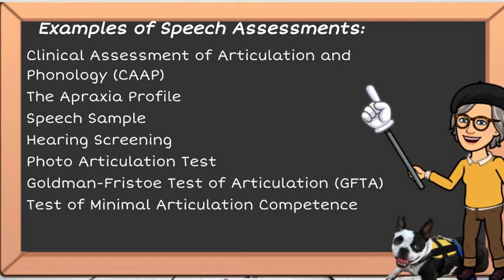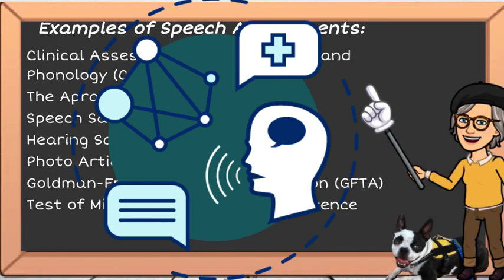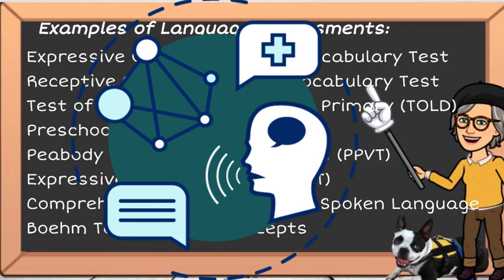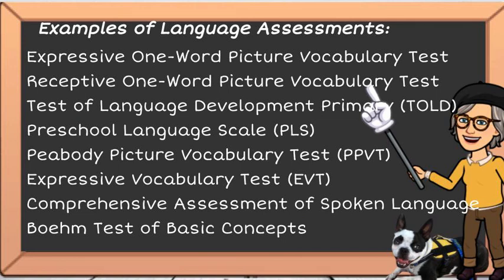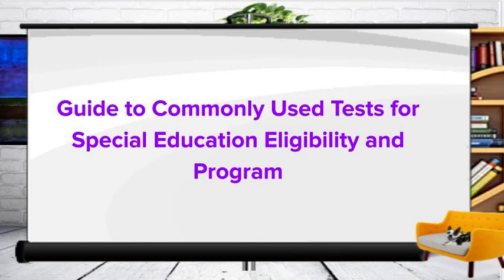When it comes to language, again, it's going to be the SLP who will administer these assessments, but things like the Peabody Picture Vocabulary Test, or the Bracken Test of Basic Concepts, or the Expressive Vocabulary Test. So those are the types of assessments that you're going to see for speech and language. So again, this was just supposed to be a really brief overview of the purpose of evaluation and an introduction to some of the most common types of assessments that we're going to use in these different areas that are standardized.